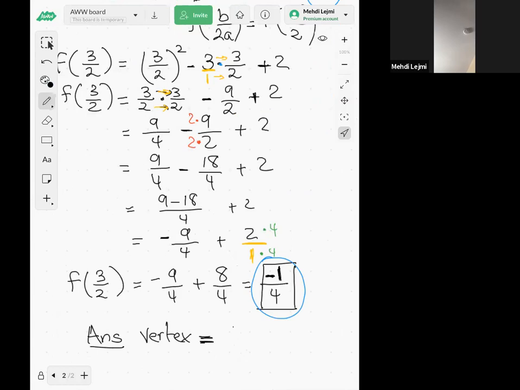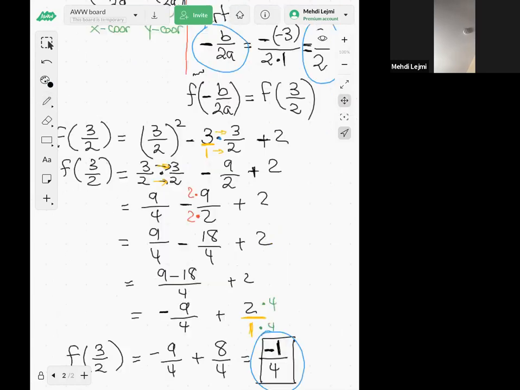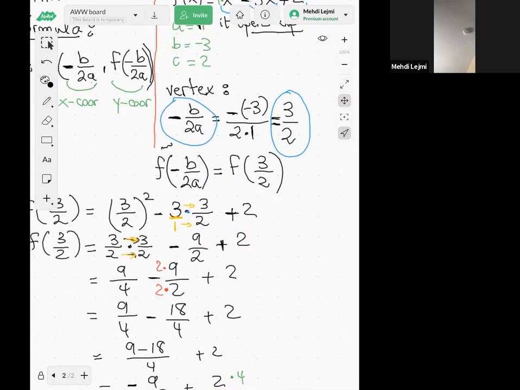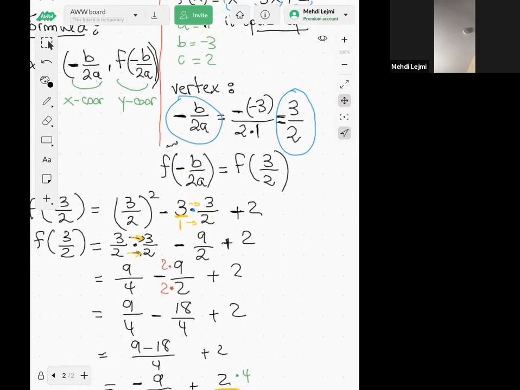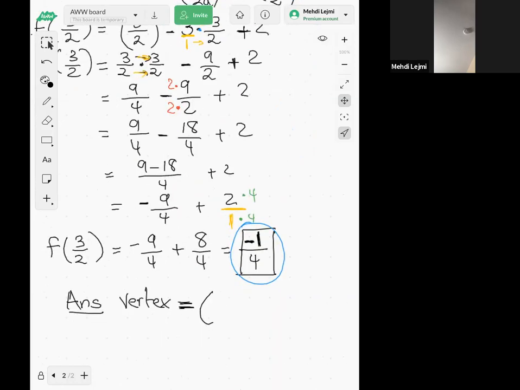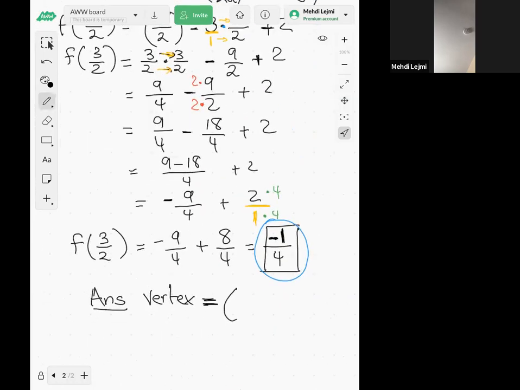First, I need my x coordinate. It's positive 3 over 2, that's minus b over 2a. And then the y coordinate is this negative 1 over 4.